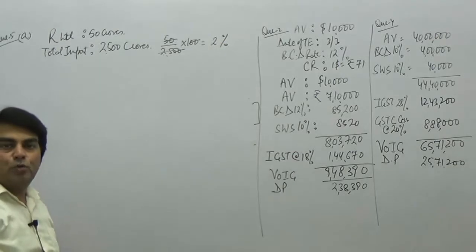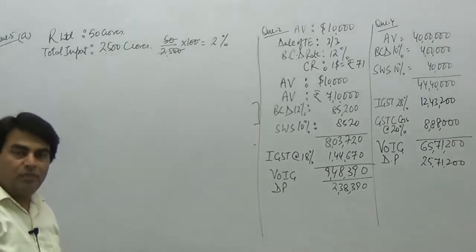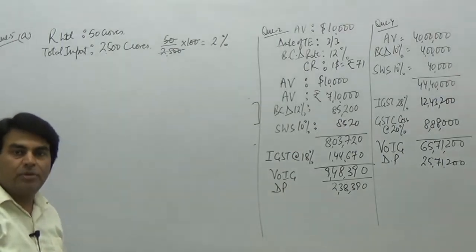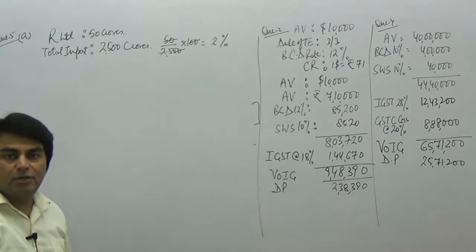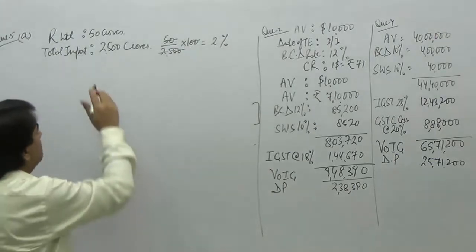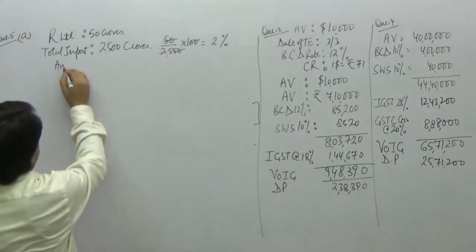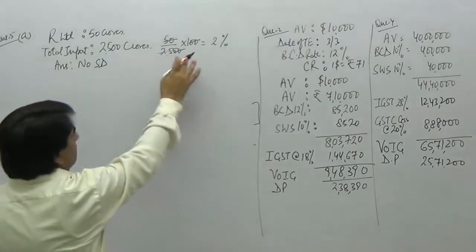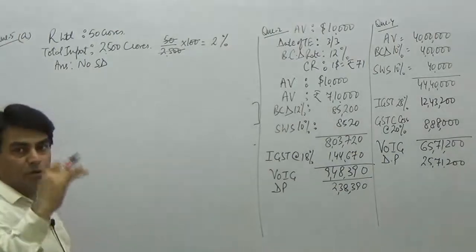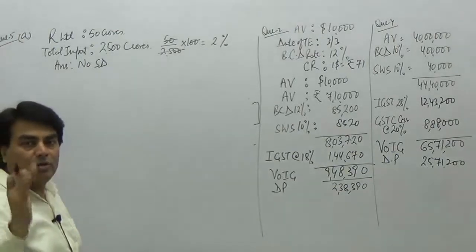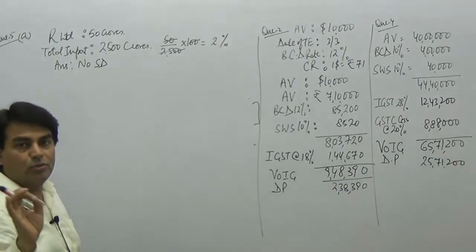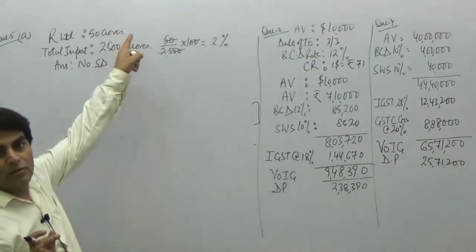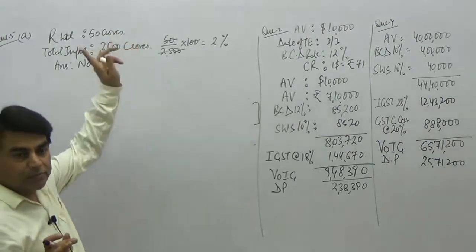That means only 2% of the total import of these goods have been imported from Bangladesh, a developing country. Since it is less than 3%, it has not crossed 3%, we would not apply any safeguard duty here. So the answer is very clear: no safeguard duty to be imposed because the level is still below 3% of the total import of these goods in India. So the answer is no safeguard duty on the import of these goods from Bangladesh by this company.